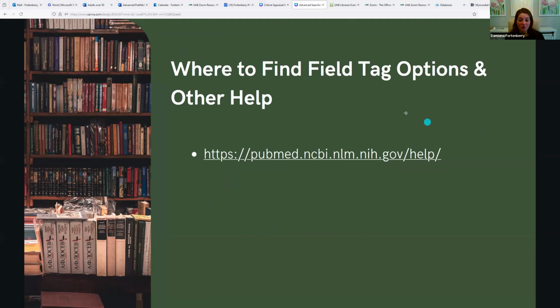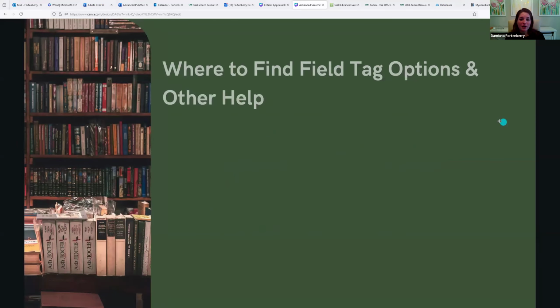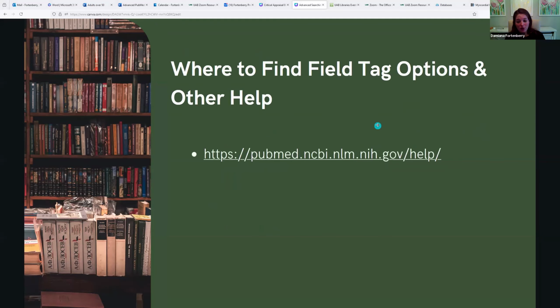So there are lots of different field tags, by the way. I talked about this TIAB right here, but you could just do title, you could just do abstract. You could also use keyword, you could use author if you know there's a particular set of articles written by this one author. We also could search affiliations, so organizations that these authors are associated with.